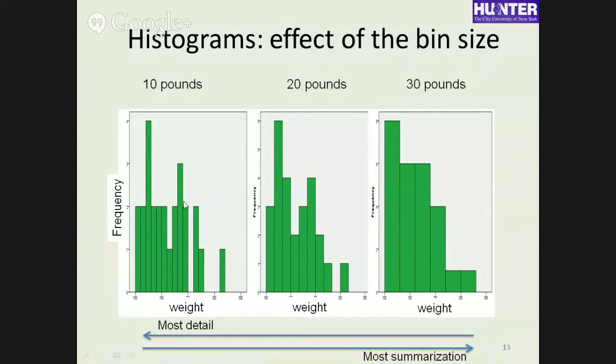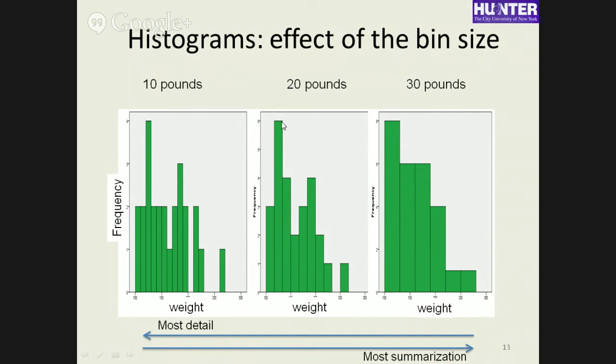So on the left here is what you could get by making those bins narrower so that there are fewer records in each one. So there are a couple with just 1, some with 2, and at most 4. In the middle here, that was with 10-pound bins. With 20-pound bins, you get on average twice as many per bar.